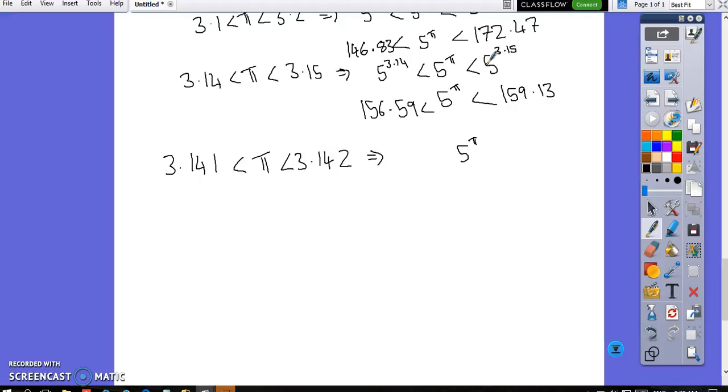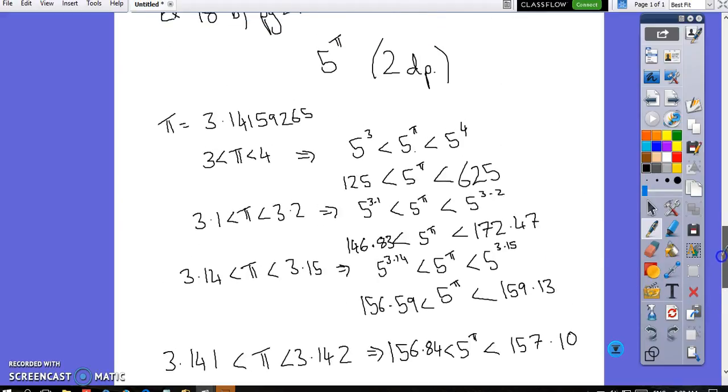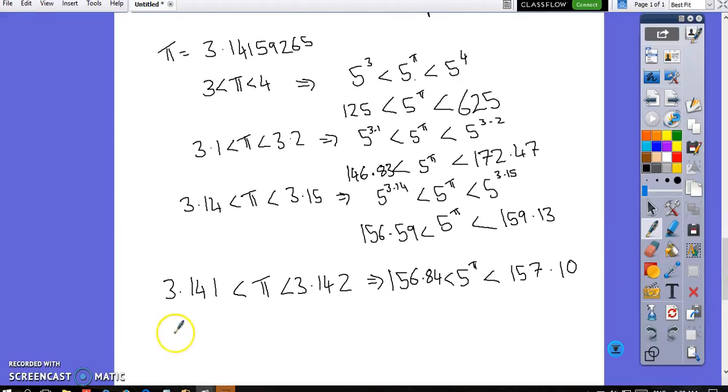So 5 to the power of 3.141 is 156.84, and 3.142 is 157.096. So again, closer. Let's then look at the next one.